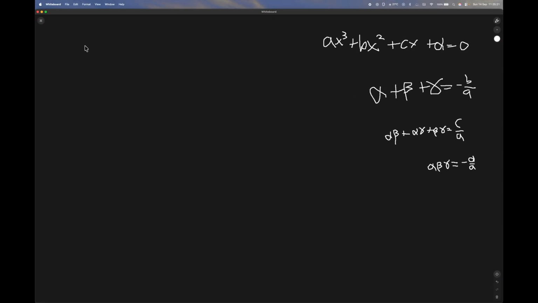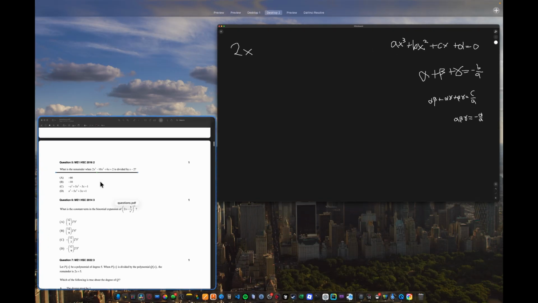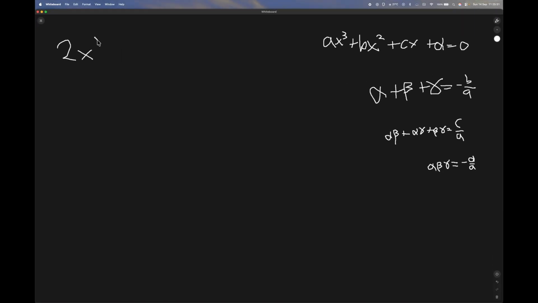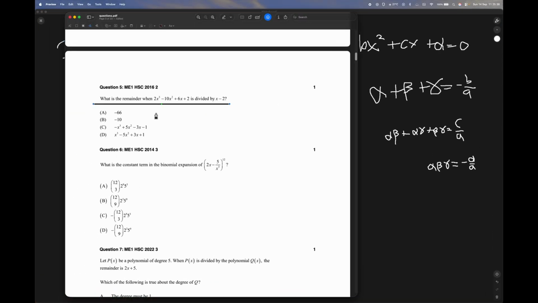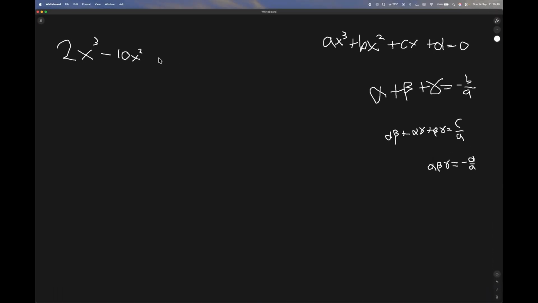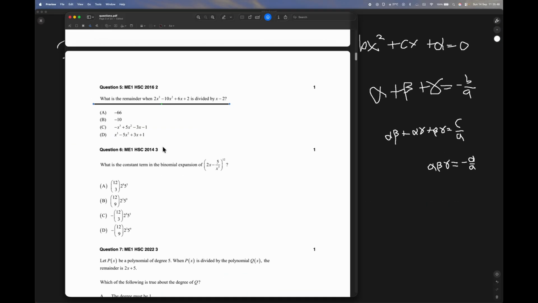So we've got 2x to the 3 minus 10x squared plus 6x plus 2, divided by x minus 2.